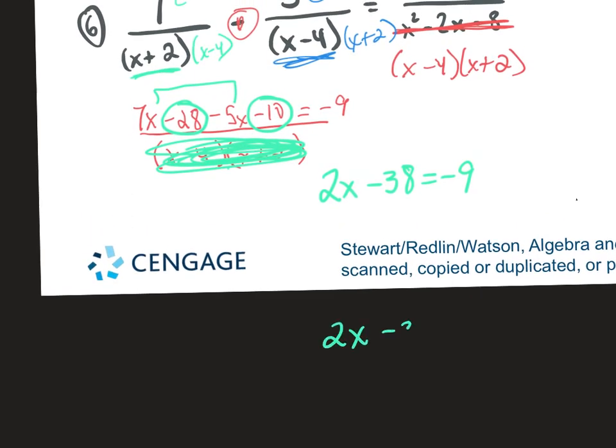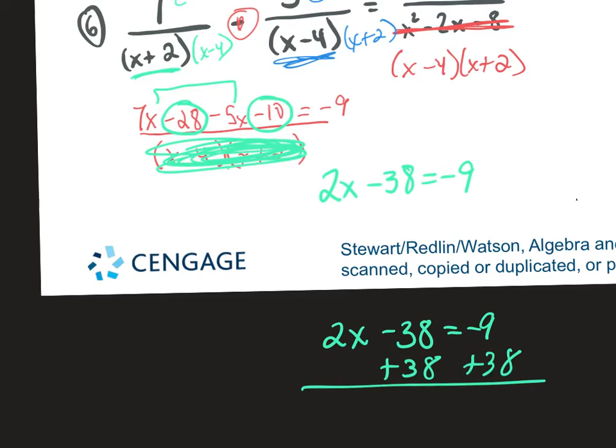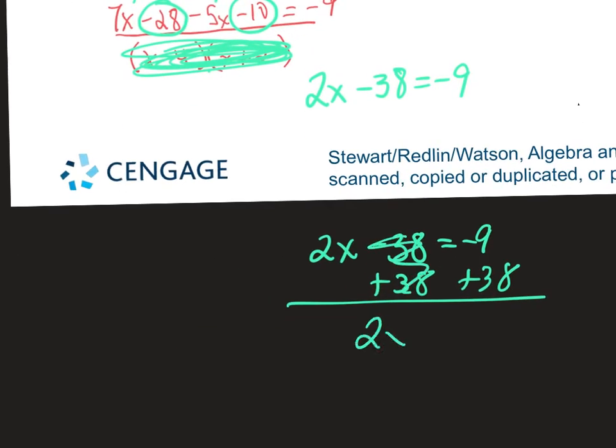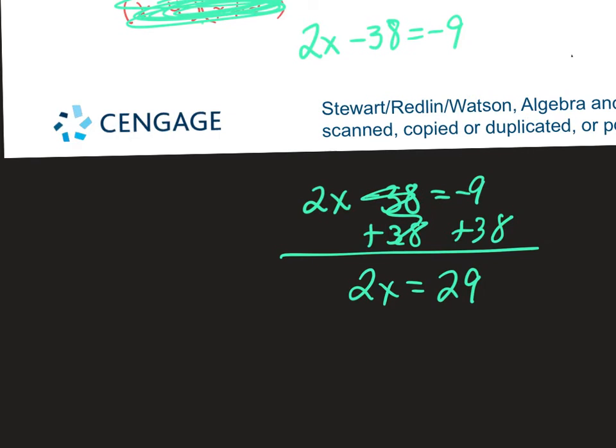Add 38 on both sides. Yep. So you get 2x equals what? 29. Positive 29. And then I do what? Divide both sides by 2. So x equals 29 over 2.